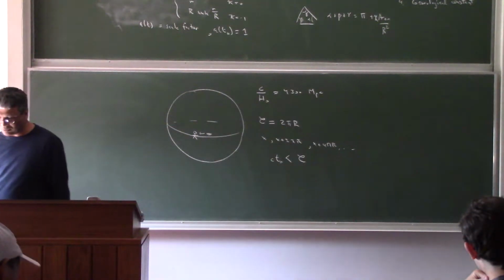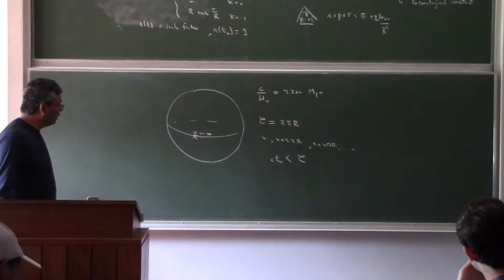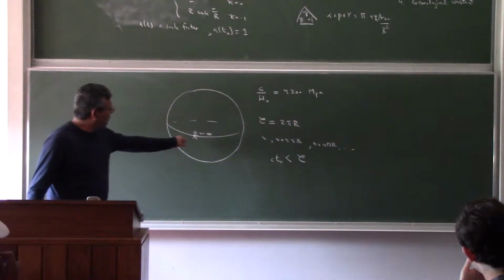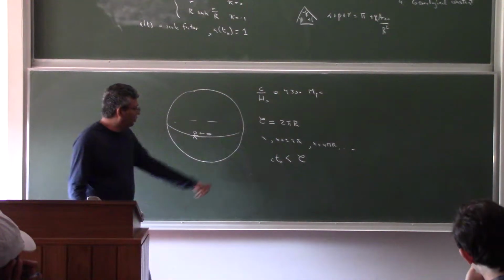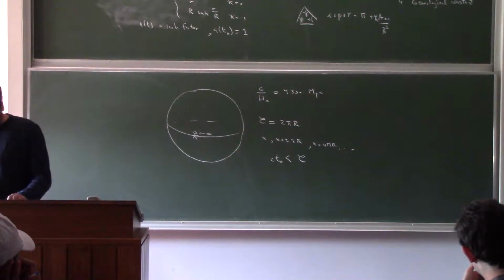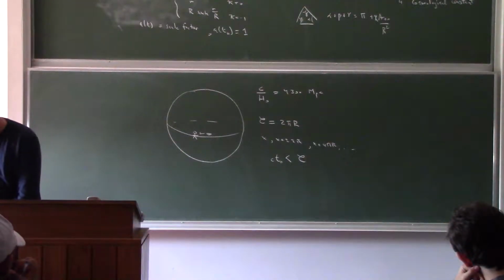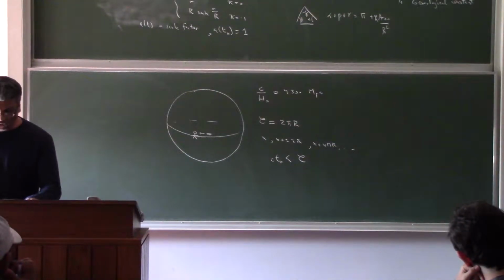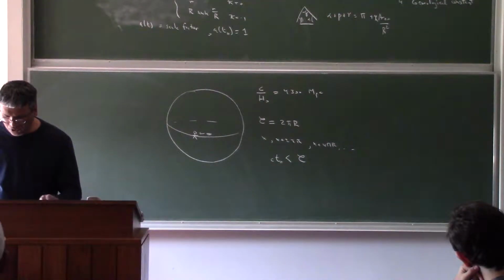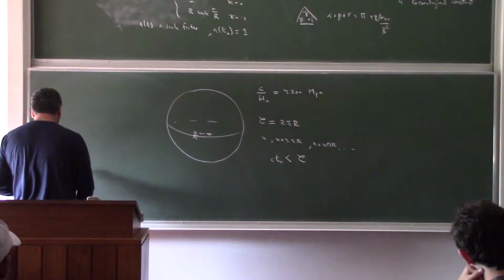Again, there's no obvious way of determining whether the universe is positively curved, which we would be able to do if the circumference was small. So again, we need to do better. So I want to look at how you do better.